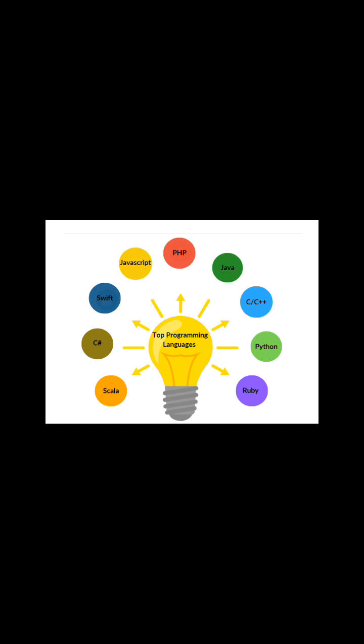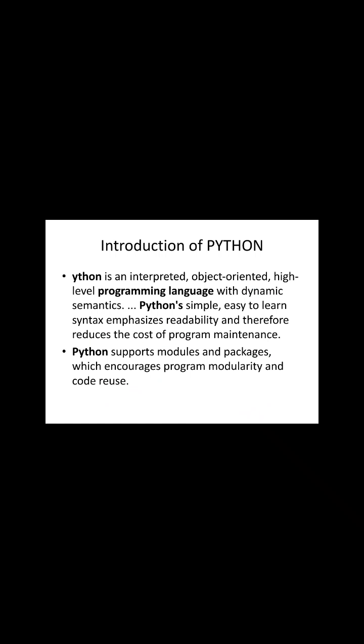Although, children, C, C++, Java, C# are also object oriented programming languages. But why Python? Python is an interpreted object oriented high level programming language with dynamic semantics. What do you understand by it?